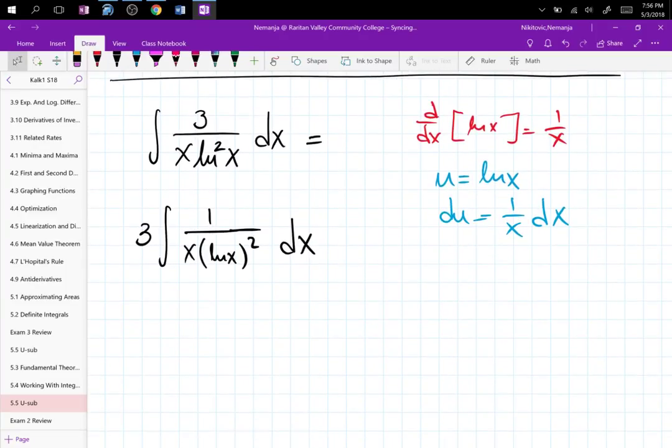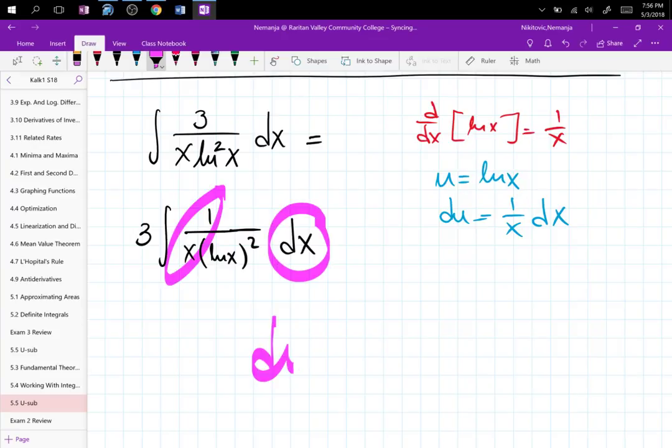Now I really need you to stare at this so you can see it. These guys combined will make your du, and then you still have this, which is 1 over u squared.